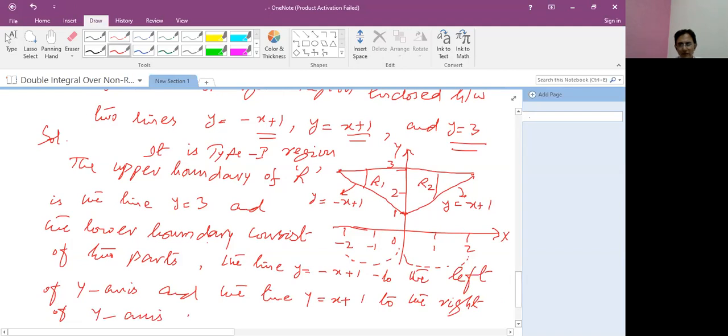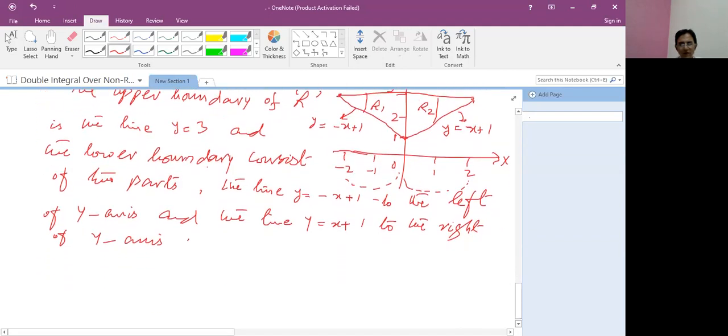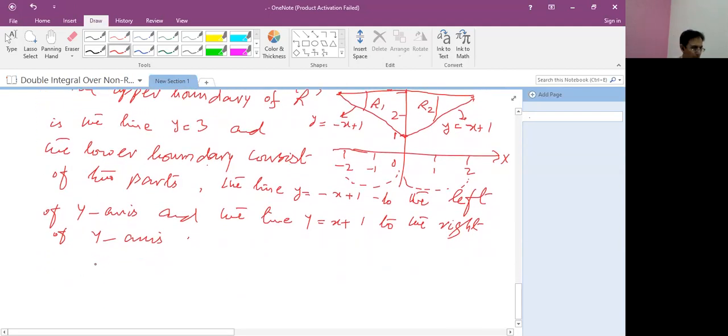So that the line integral of 2x minus y square into dy into dx, because it is a type 1 region, we will consider here according to given condition.